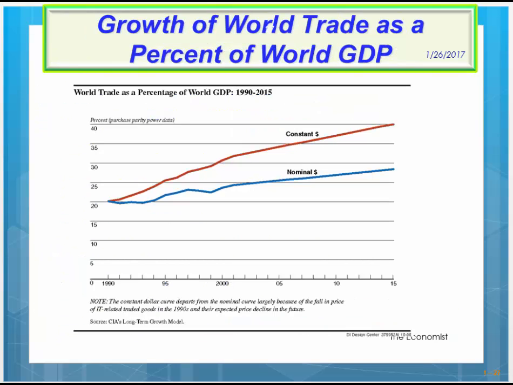You'll notice from this graph, which is just something I picked up on the internet to illustrate the point, world trade as a percentage of the GDP. I have it in two different ways, in constant and in nominal dollars here, but it has grown as a percent from 20% to 40%, depending on which scale you use. Either way, one's adjusted and one isn't.